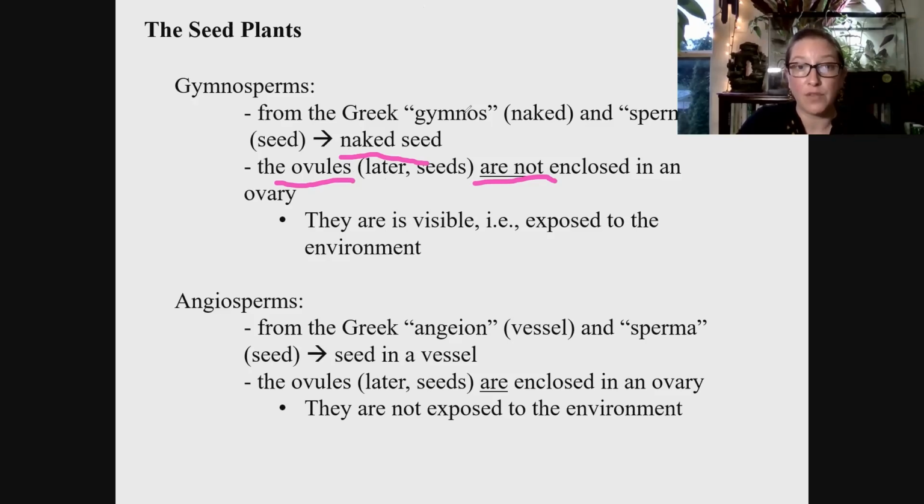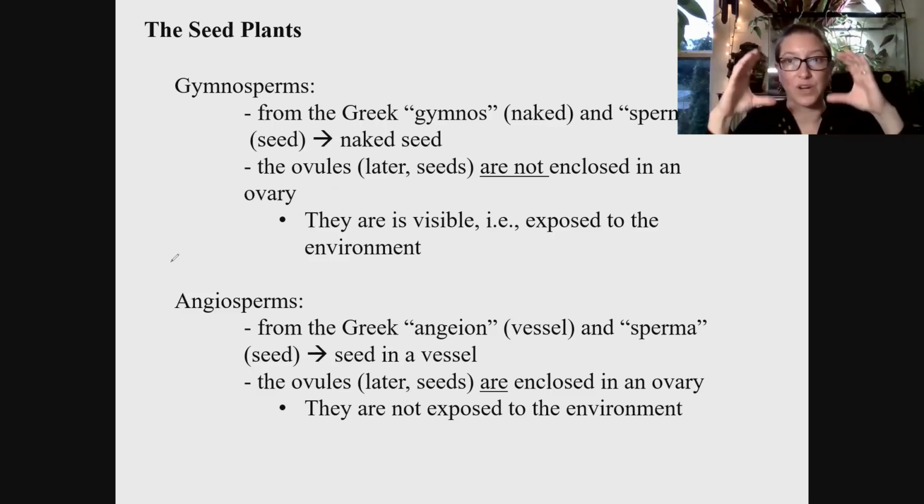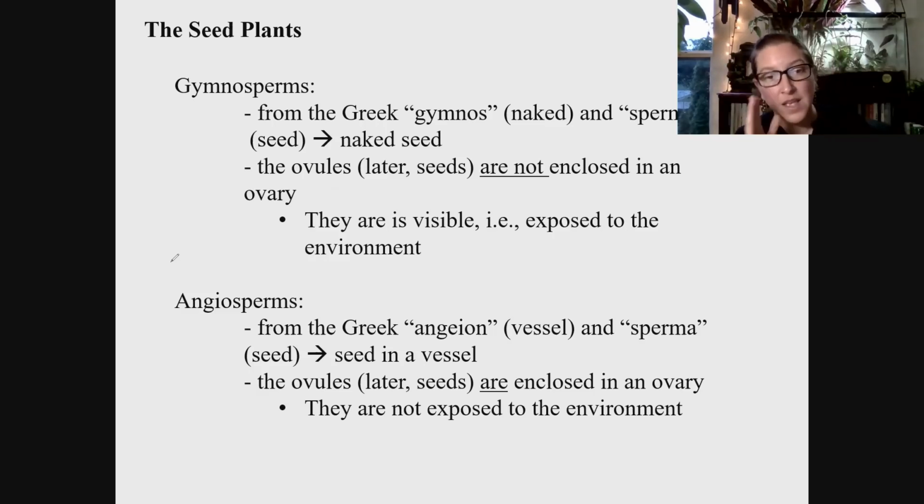So it's naked ovule, because the ovule is not enclosed in an ovary. So naked ovule, and then ultimately naked seed. Whereas in the angiosperms, angion means a vessel or a container, and sperma still refers to seed. So you have a seed in a vessel or a container.